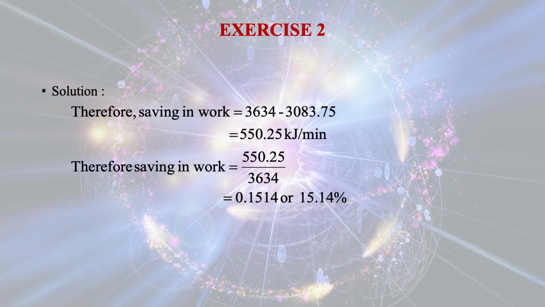Now if you want to calculate the percentage saving in work, the saving in work is equal to 550.25 divided by 3634, which comes out to be 0.1514 or 15.14%.